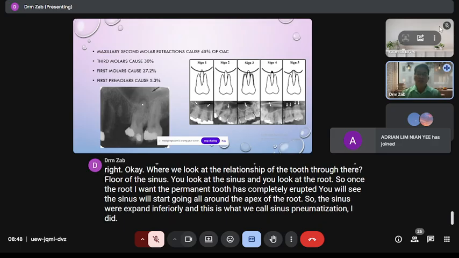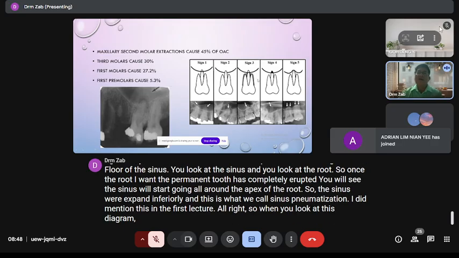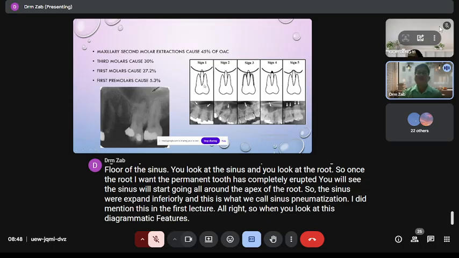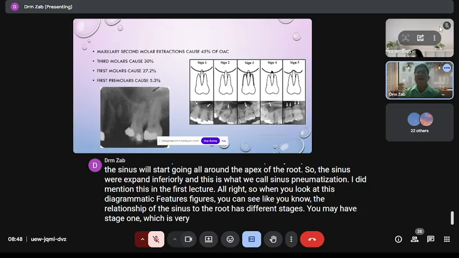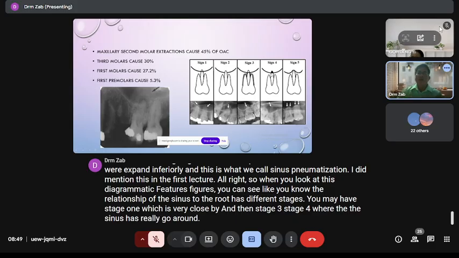I did mention this in the first lecture. All right. So when you look at these diagrammatic figures, you can see the relationship of the sinus to the root has different stages. You may have stage 1, which is very close by, and then stage 3, stage 4, where the sinus has really gone around the tip of the root.